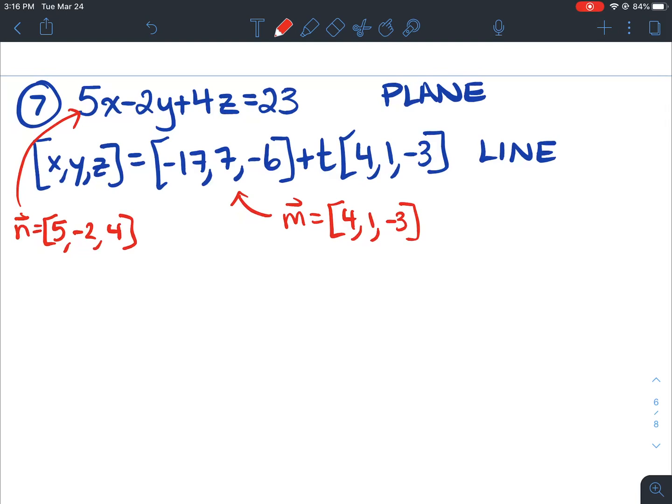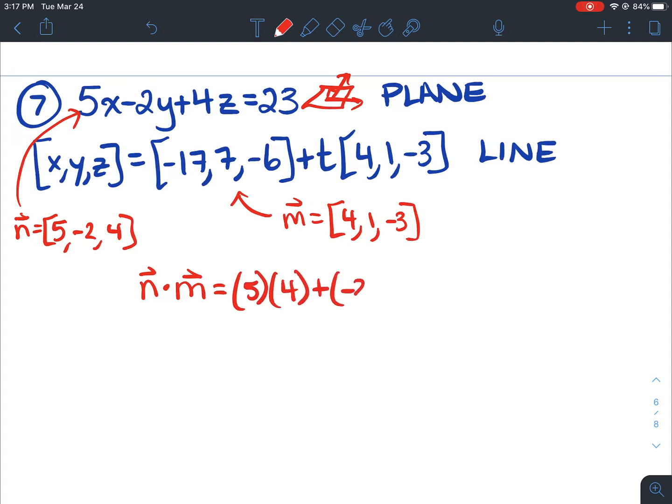So remember, the normal vector to your plane is perpendicular. If I do the dot product between my normal vector and my direction vector, that should equal 0 if they're parallel, because the dot product of two perpendicular vectors is 0. Okay, I don't know if that was clear.